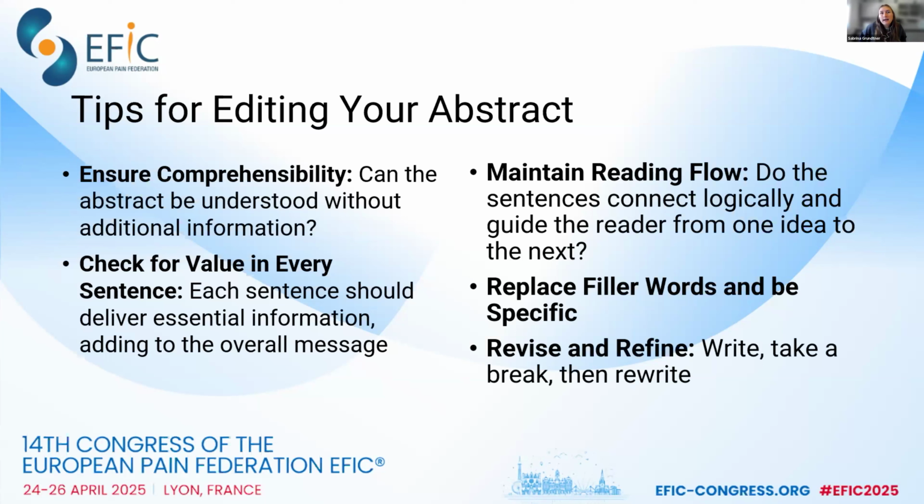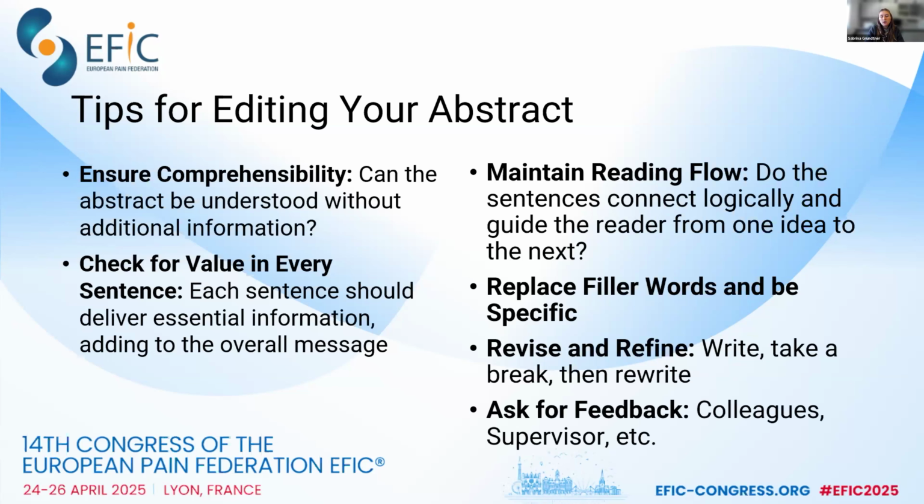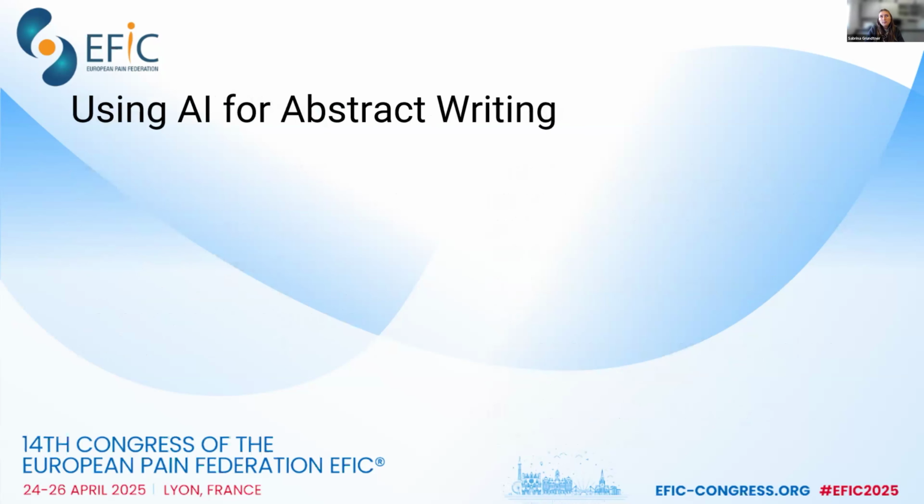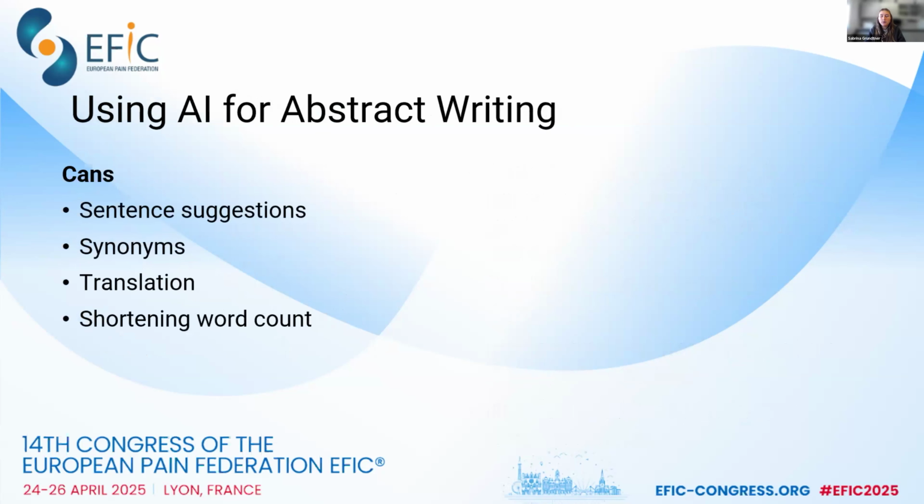And when we talk about help and asking colleagues, it's also important to say that you're allowed to use different AI tools for this section. You can use some AI tools for sentence suggestions, for finding synonyms, for translating, for example if you're not a native English speaker, for shortening your abstract if it's too long, which happens a lot to me sometimes, or also for proofreading.